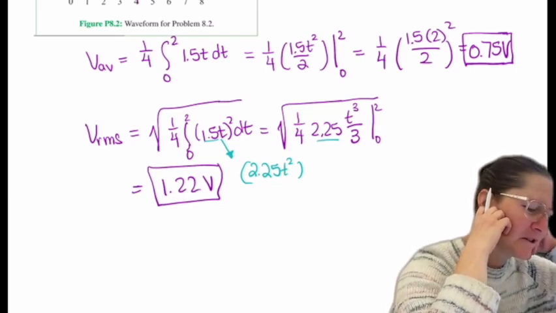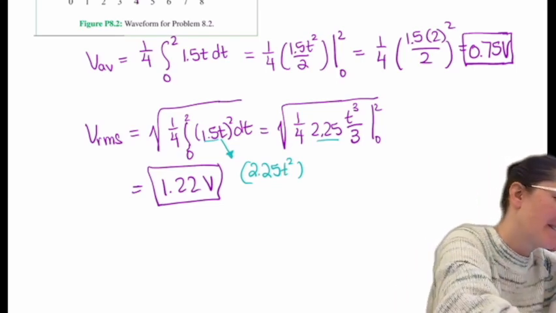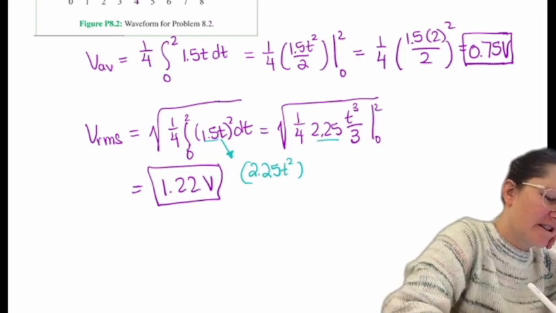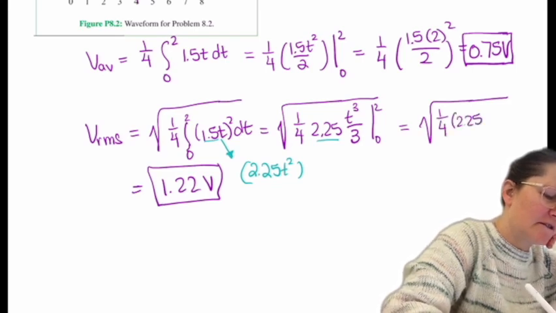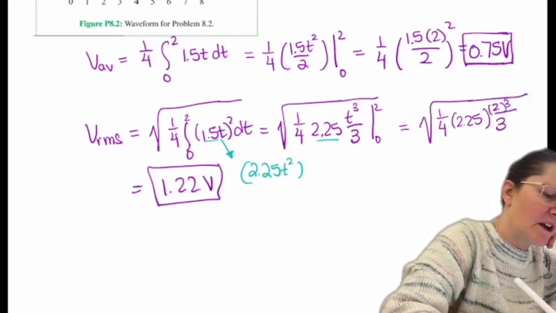So with the 1.5t squared, it would be 1.5t to the third divided by 3. You wouldn't necessarily square both of the insides together. So this will be 2 cubed over 3, and then the 0.